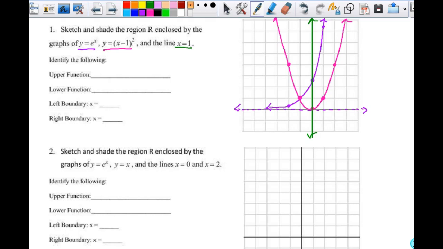So then it says to sketch and shade the region enclosed by these graphs. Enclosed would mean an enclosed region, right? Not an open region. There are 3 functions, so my enclosed region most likely has 3 sides, right? So I've got this part right here is what is enclosed by those functions, so we shade that in.